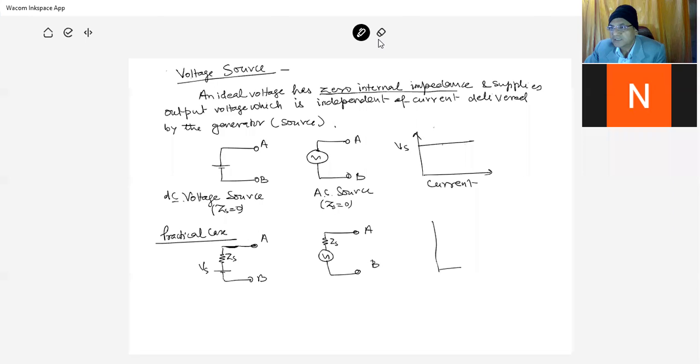And the VI characteristic is, if it is IS, when the load increases, this is the ideal case, this value is decreasing, something like that.